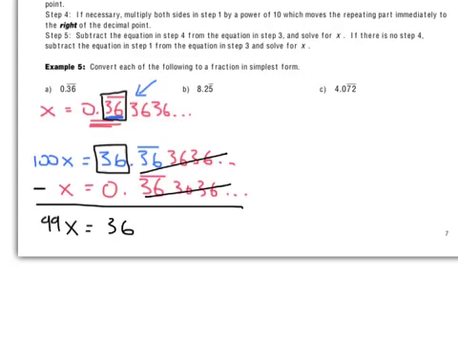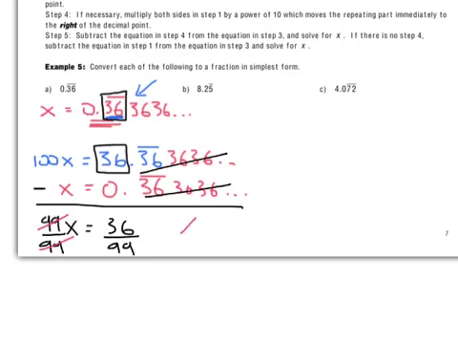I'm going to end up with 0, so it's going to be 36.0, but I don't need to write that point there. So now the final step, I want to get x by itself, so I'm going to divide both sides by 99, and that gets rid of my 99 here.